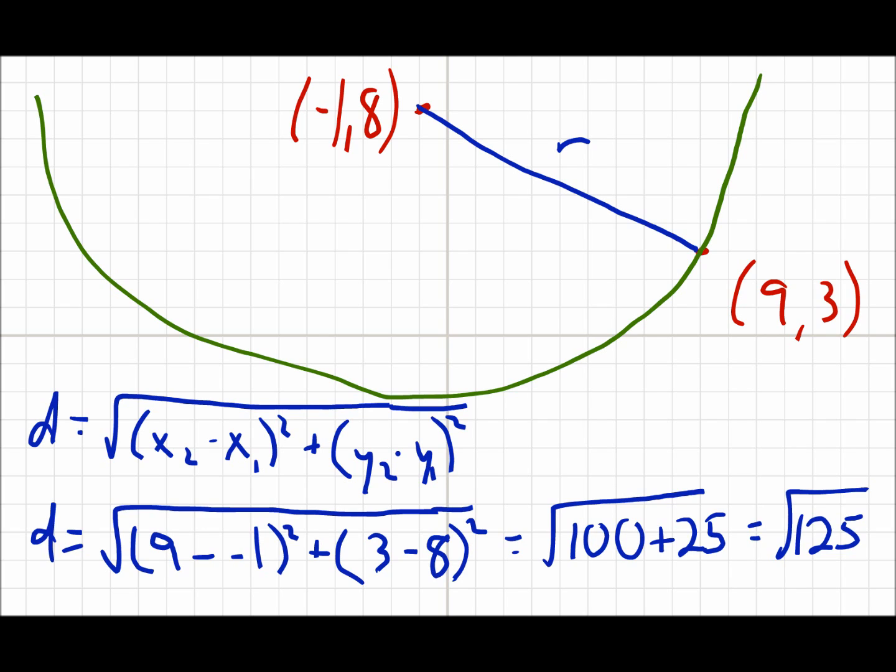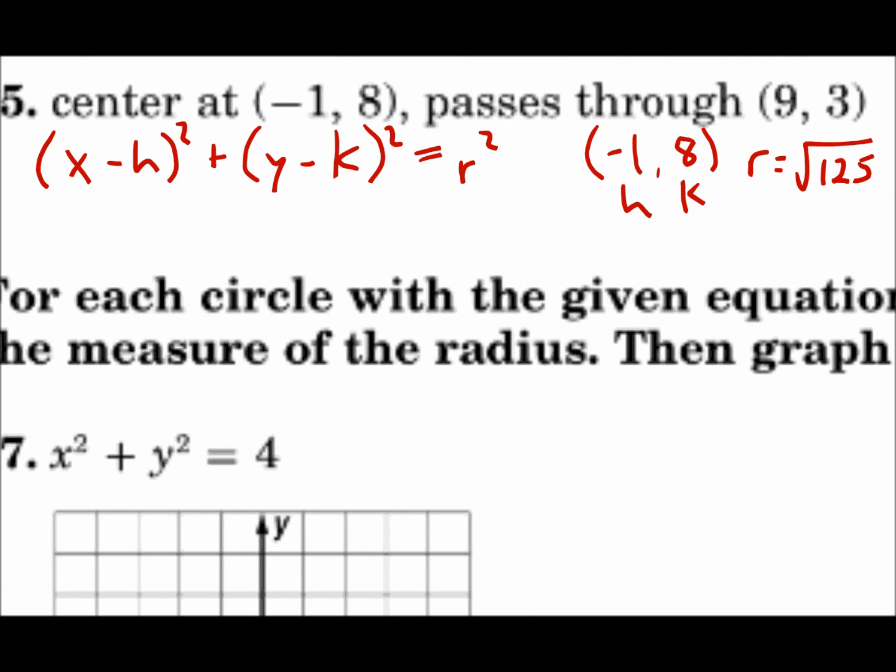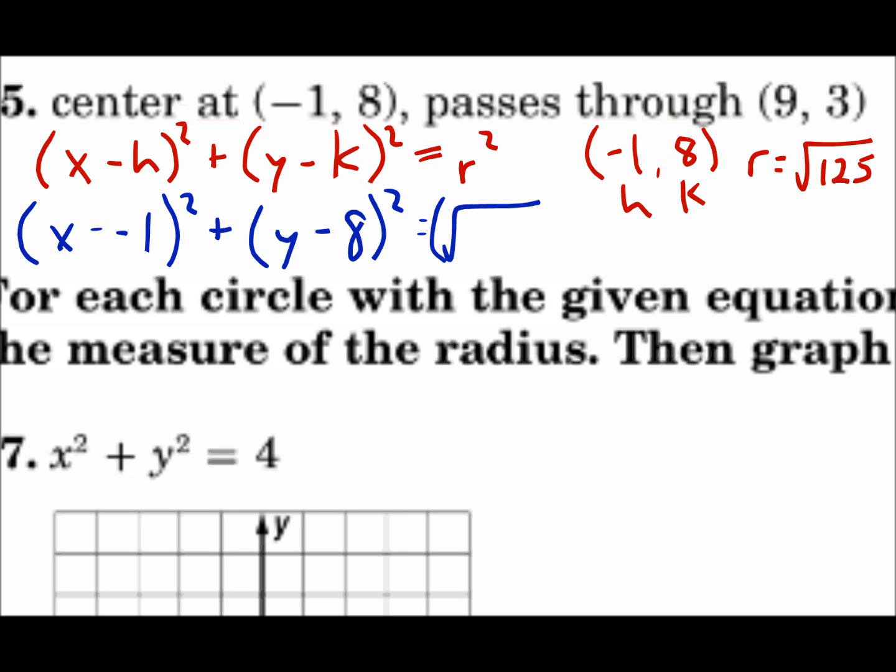Let's not punch that in the calculator, because you'll see that when we square that in the formula, it will give us a nice number to work with. So now, using the center point (negative 1, 8) and the radius square root of 125, x minus h is x minus negative 1, y minus k becomes y minus 8, and r is the square root of 125.